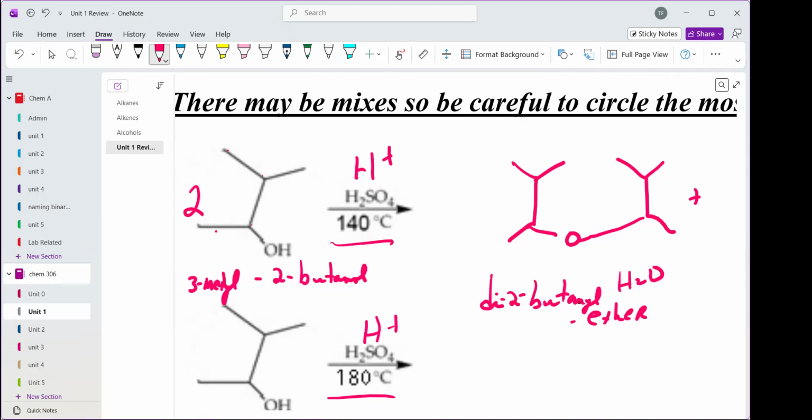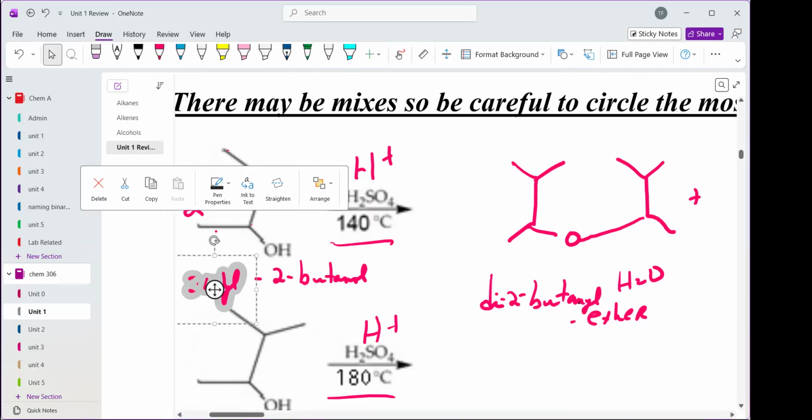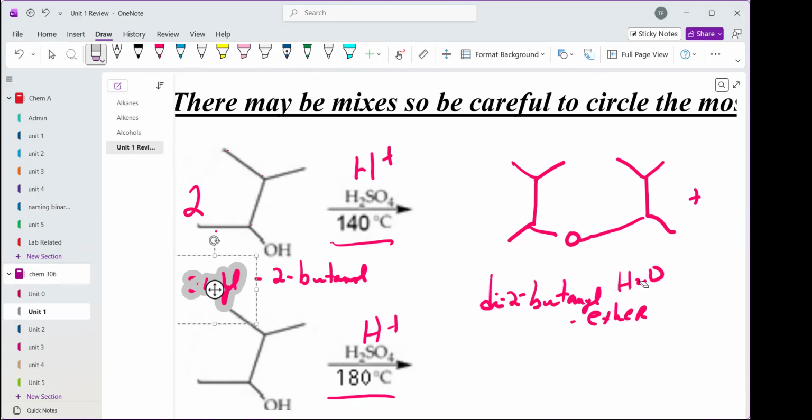And then water. No, the water is not part of the name.